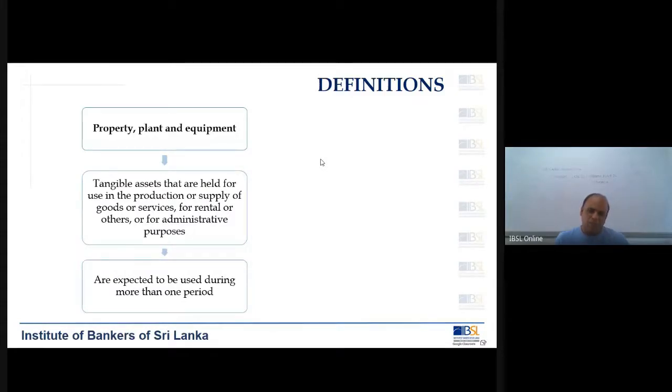So if you are buying any asset and want to call it a fixed asset in your business, you have to be mindful about that. Your asset can be a fixed asset only if it can be used for more than one financial year. That is a very important statement. Please make a note here, under this expected to be used during more than one period.